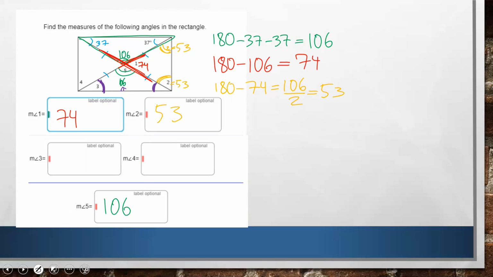I know these two isosceles triangles are actually congruent, so 37 degrees, because these two angles are the same. Now, if we use that same logic from 2 to 4, if I know angle 2 is 53 degrees, I know angle 4 is also 53 degrees. So I won't have to do any solving there.